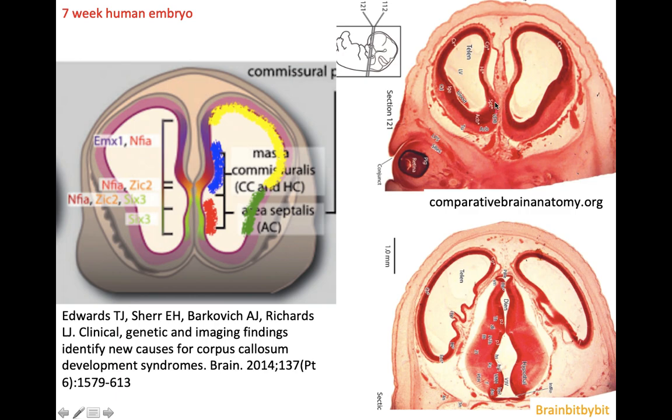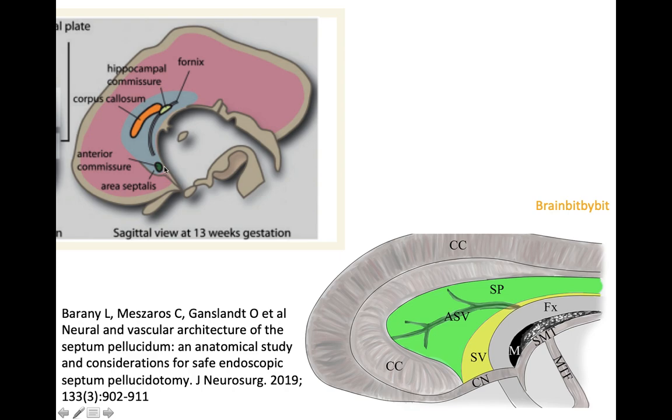And I was wondering, but I couldn't find it, that if you would go more dorsal, whether the area of the septal nuclei is continuous with the cortical hem. So I don't have the answer to that question. But you can see the septal nuclei here, continuous with the hippocampus. And then this septal area is going to grow with the expansion of the frontal lobe, and the cells, all the progenitor cells and the neurons remain in the nuclei in the true septum, the septum verum.